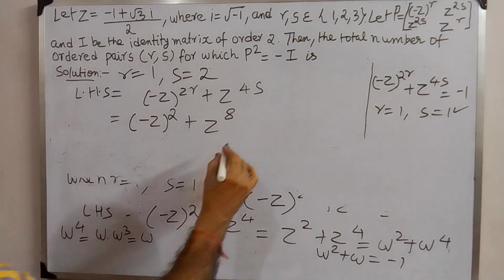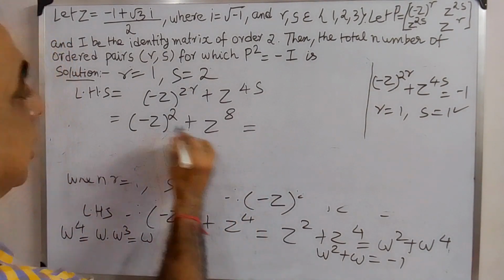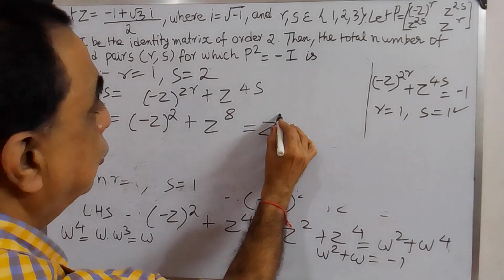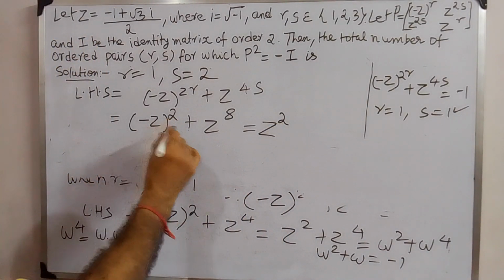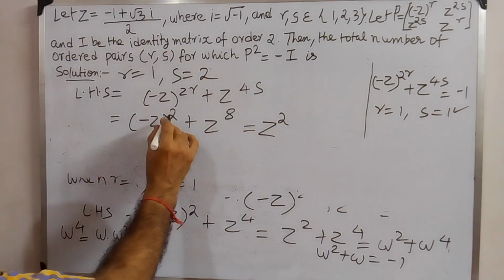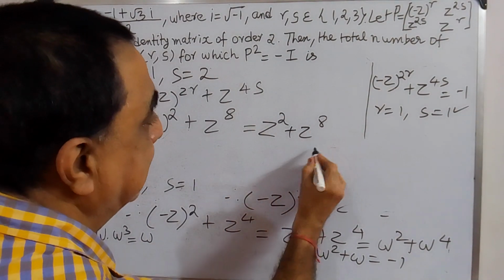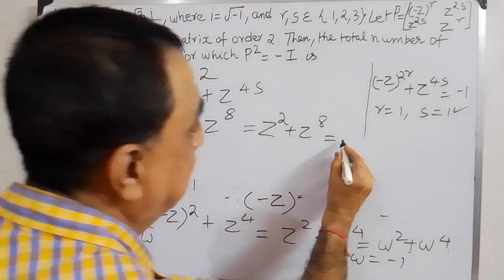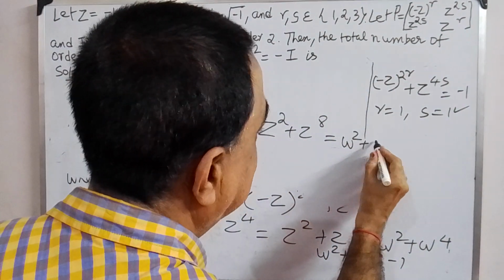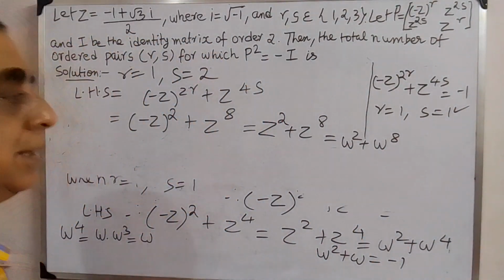And z is omega. Minus to the power even will be plus, so z squared, and this becomes z to the power 8. So this is omega squared plus omega to the power 8.